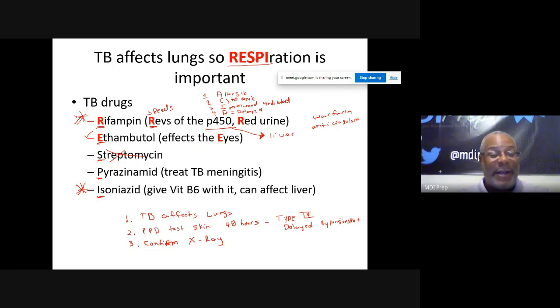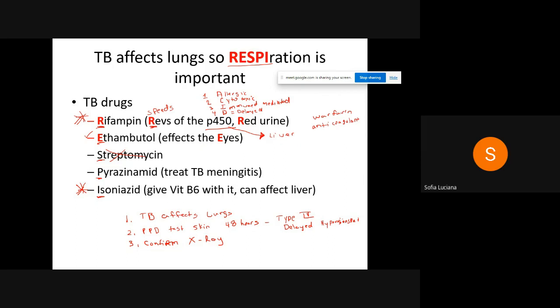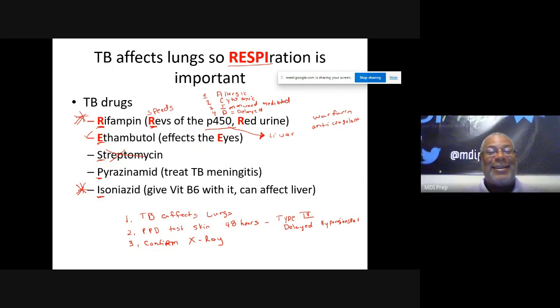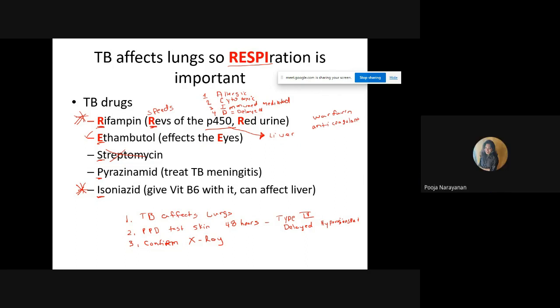Think about warfarin. Does warfarin make you bleed or not bleed? It makes you bleed. So if I decrease the warfarin, am I going to be bleeding more or bleeding less? You're going to bleed less. Did everybody understand that? Yes.